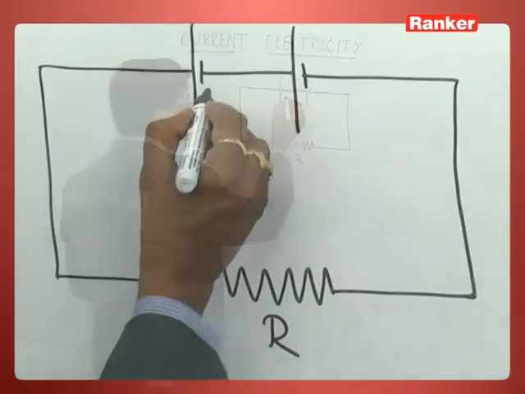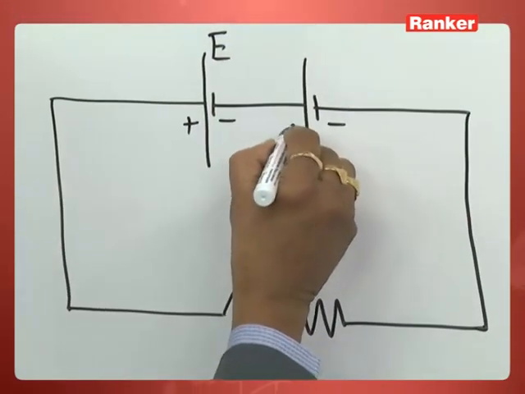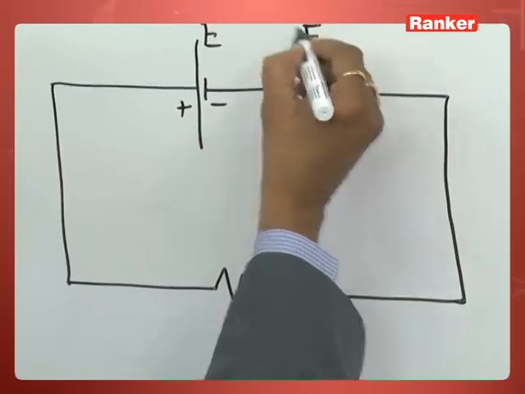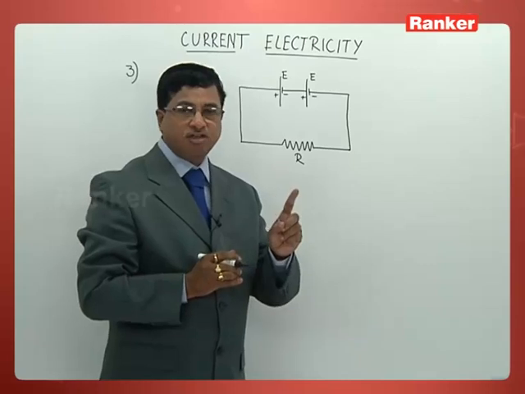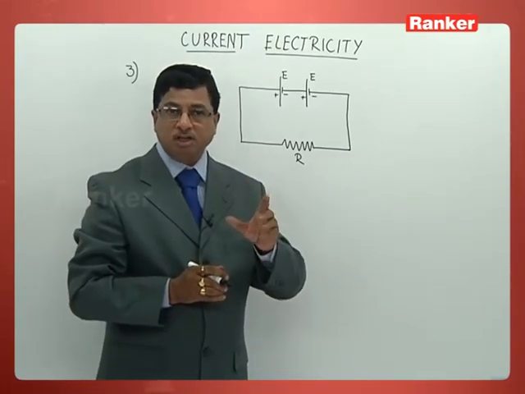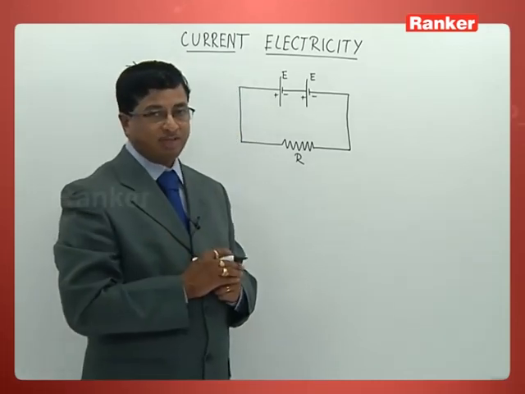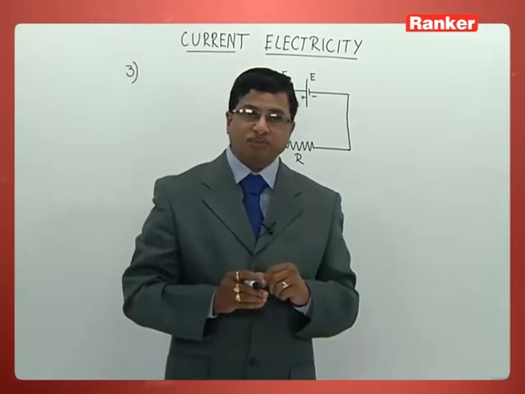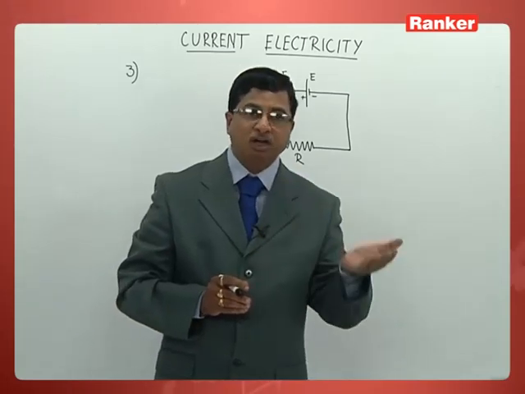So if I consider this EMF is E, automatically this EMF also will be E only. That is the first condition mentioned in the question regarding these two cells. And what next he said? Internal resistance of the two cells are R1 and R2.